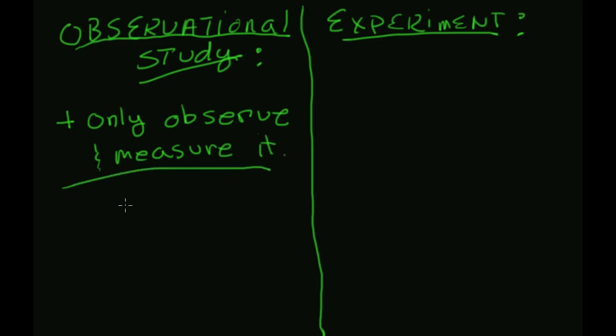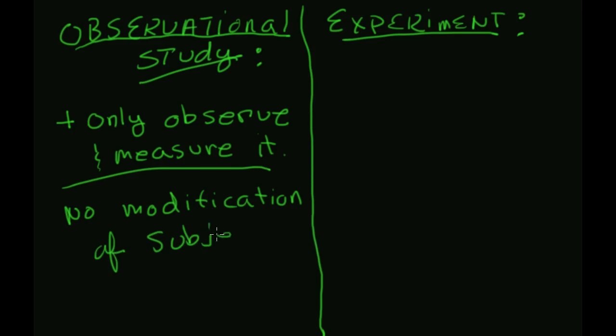Okay, so there is no modification of the study's subjects. Now, the advantage of this is that typically in these situations, the subjects themselves may be unaware that they are being observed.